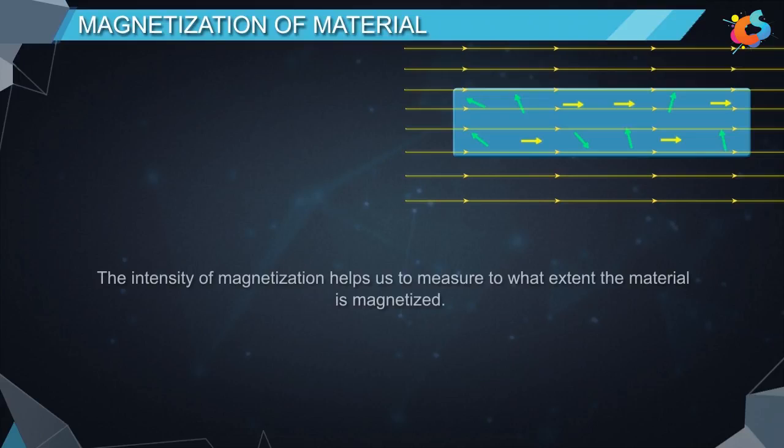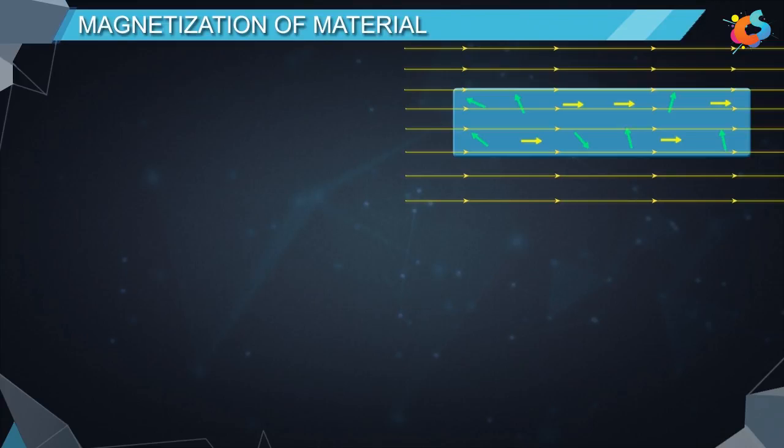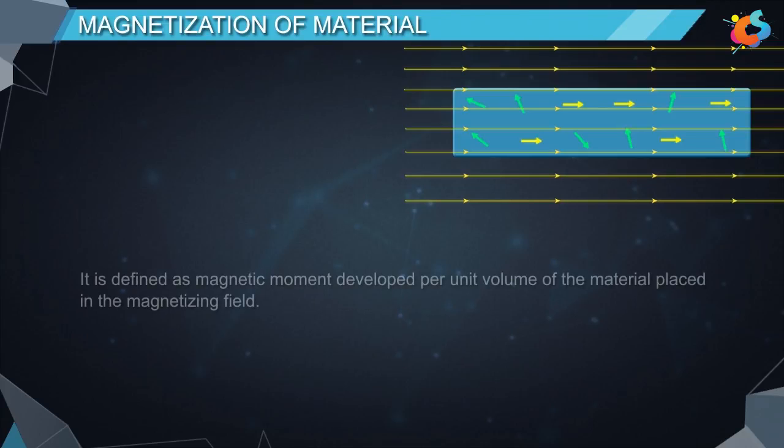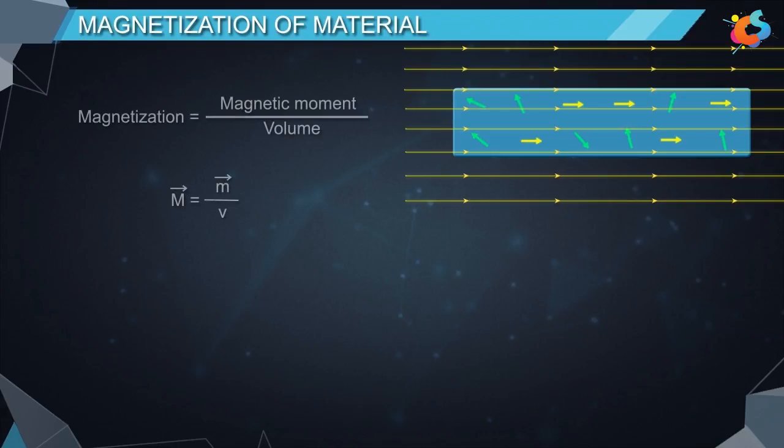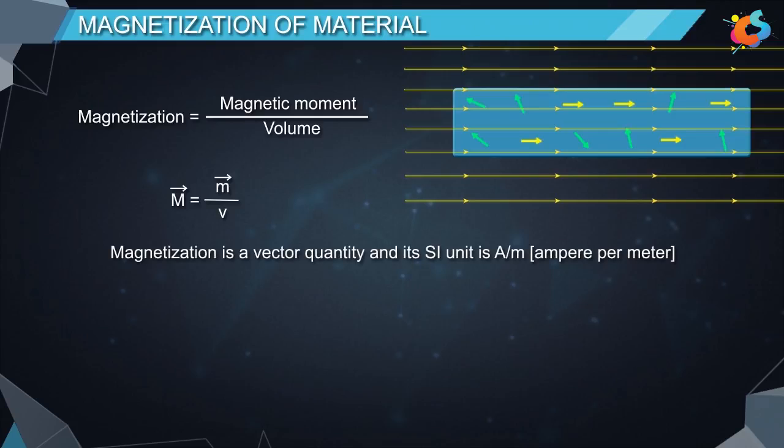The intensity of magnetization helps us to measure to what extent the material is magnetized. It is defined as magnetic moment developed per unit volume of the material placed in the magnetizing field. Magnetization is equal to magnetic moment by volume. Magnetization is a vector quantity and its SI unit is ampere per meter.